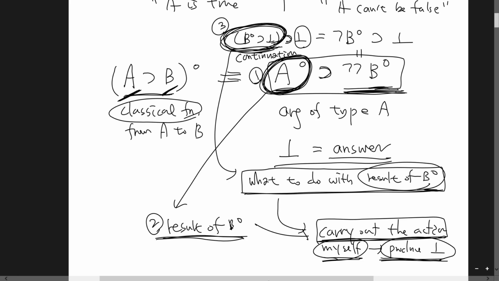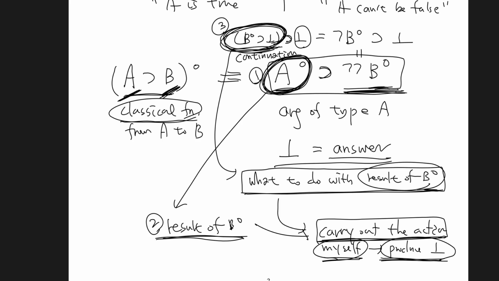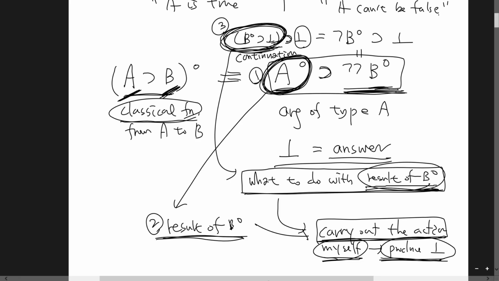The key point is, in the classical world, you'd return the result of type B immediately. But in the case of this double negation translation, you never return the result of type B. Instead, you carry out the action, that is, what to do with the result of type B. And you carry out the action yourself, and then you just produce the answer.